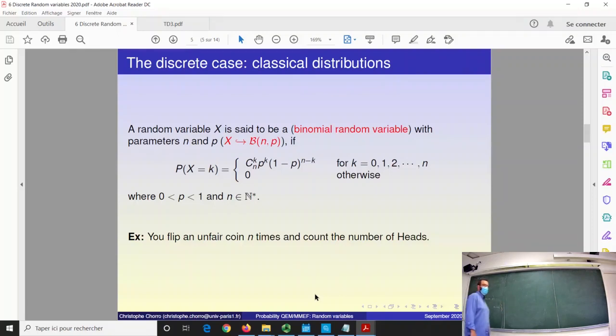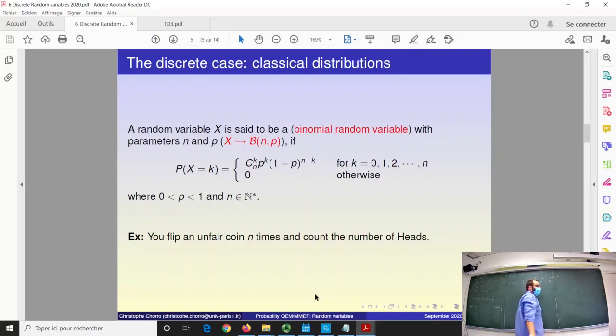And if I want to prove this using the definition you have on the slide, what I have to prove is that for all k belonging to 0 up to n1 plus n2, the probability that X plus Y is equal to k is equal to C(n1 plus n2, k) p to the power k, (1 minus p) to the power n1 plus n2 minus k.